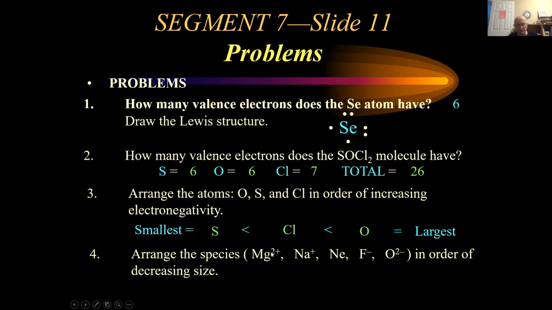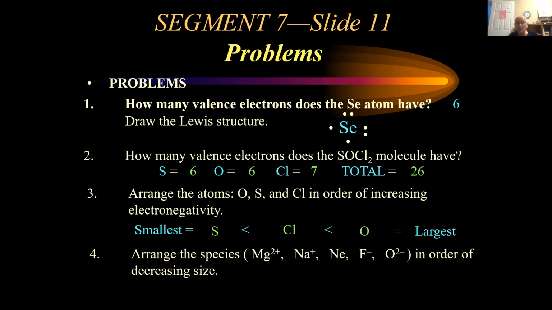When it loses 2 electrons, it has an electron configuration just like neon. Sodium's in group 1. When it loses 1 electron, it becomes like neon. Fluorine's in group 7. It gains 1 electron to become like neon. Oxygen's in group 6. It gains 2 electrons to become like neon. So all of these have an electron configuration of neon, noble core, neon.